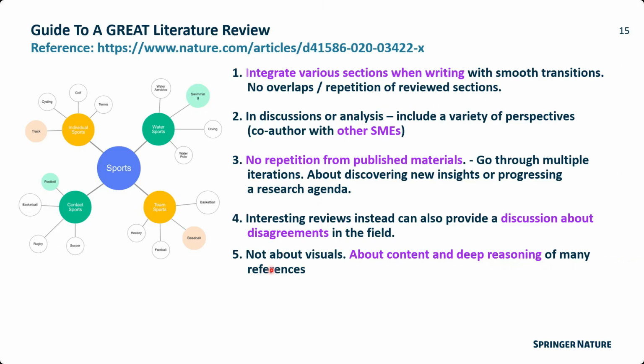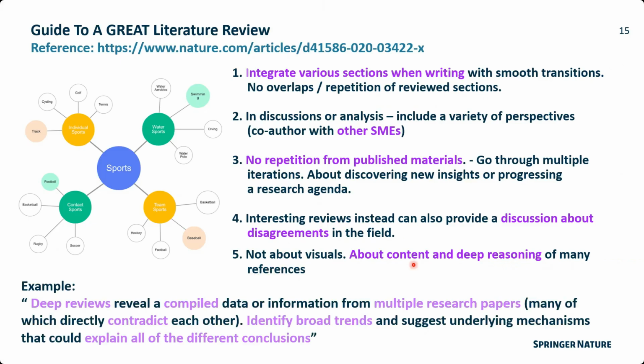And a good literature review is about content and deep reasoning. It means that you compile all the data from multiple papers, which also contradict each other, and it identifies broad trends and helps to explain all the different conclusions. So this is a perfect description of what makes a literature review fantastic.